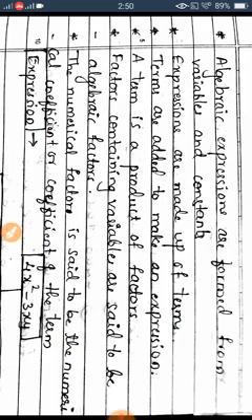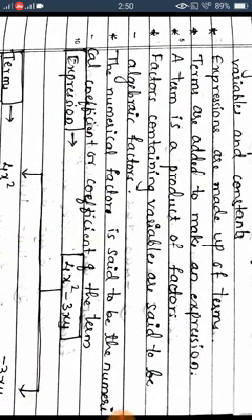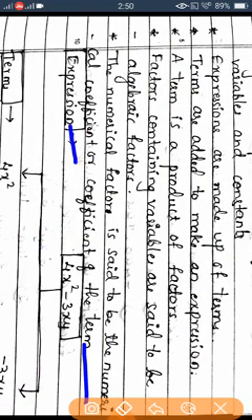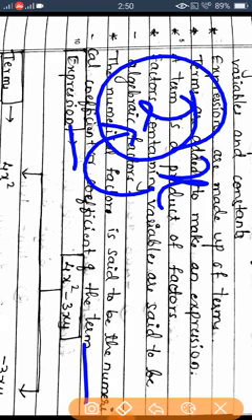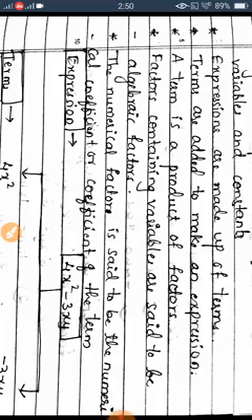The numerical factor is also called the numerical coefficient. In 2x, the number is called the coefficient of x, or the coefficient of the term.